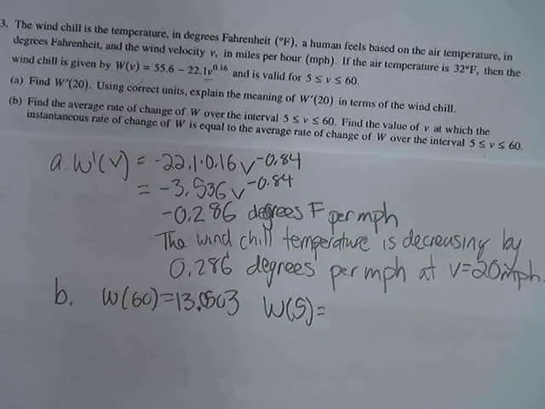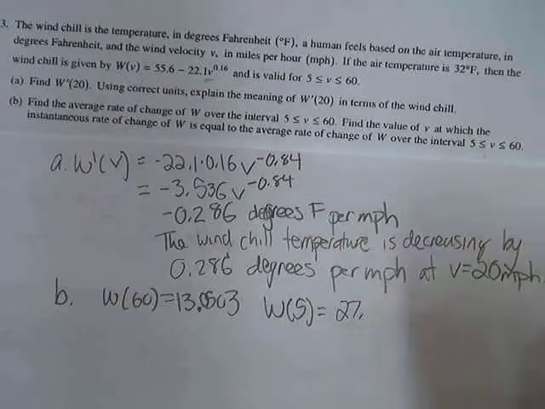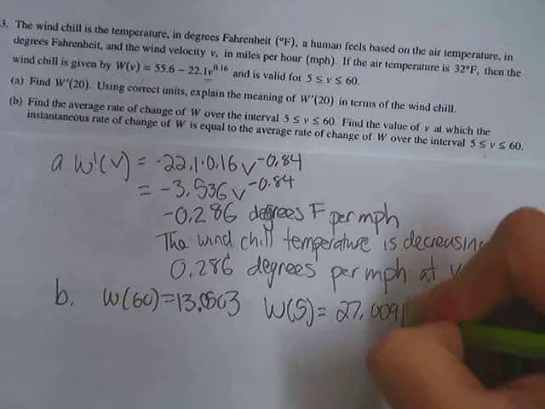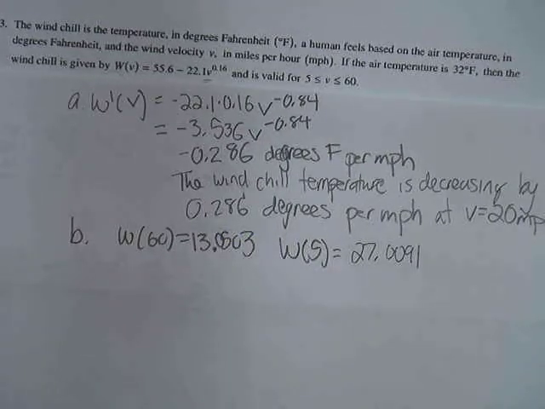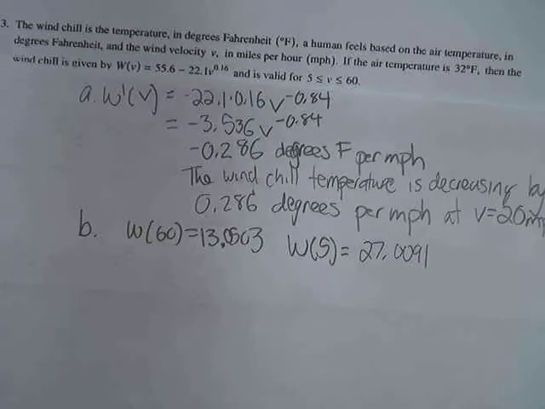And W of 5, again, I'm just plugging 5 in for v in the equation given in the problem, is 27.0091. Hopefully it makes sense that the faster the wind's blowing, the colder it is. It's like 13 degrees here, whereas when the wind's going 5 miles an hour, it's 27 degrees.